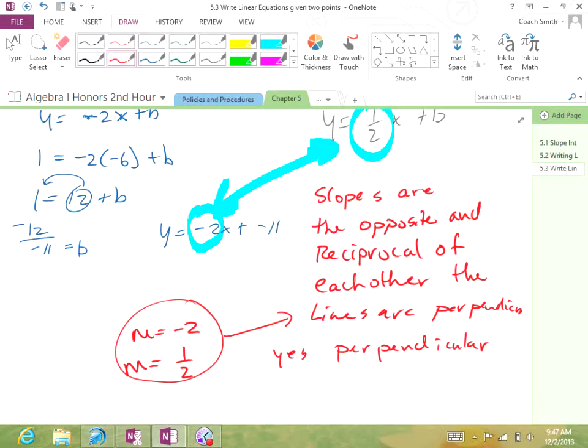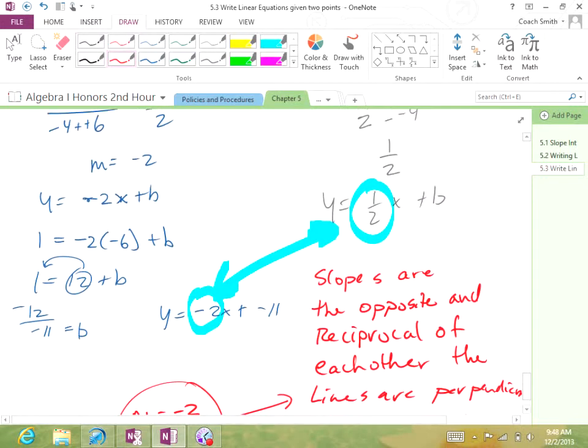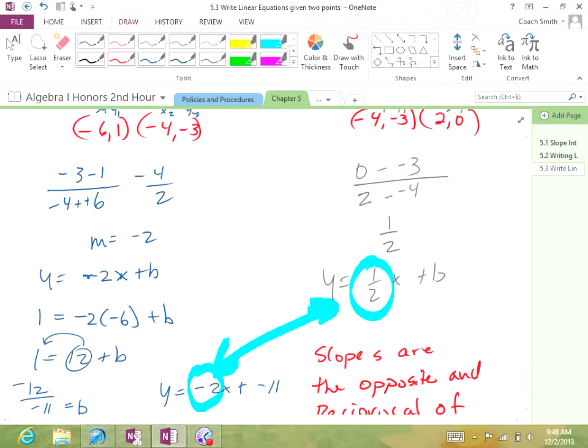You basically take the two points, come up with the equations of the two lines, put them in slope-intercept form, and check the slopes. Realistically, all you really have to do is that step right there, because it's dependent upon the slope.